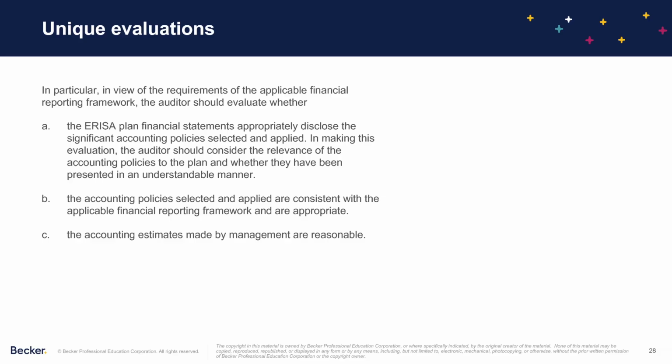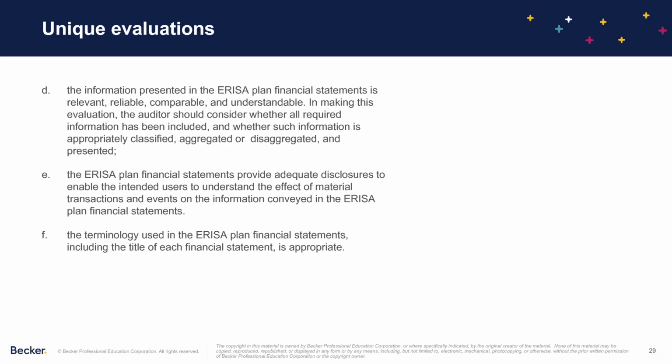Going forward, the information presented in the plan financial statements is relevant, reliable, comparable, and understandable. And when we're making this evaluation, we should consider whether all required information has been included and whether it is appropriately classified, aggregated, or disaggregated when presented.